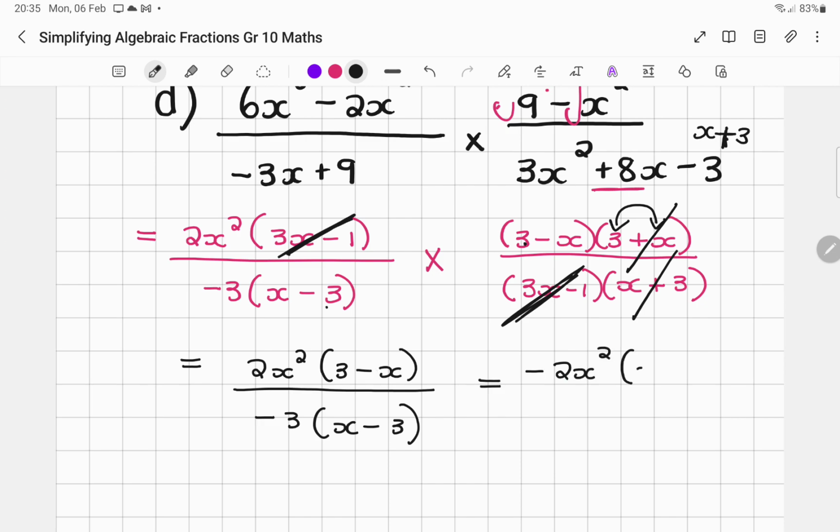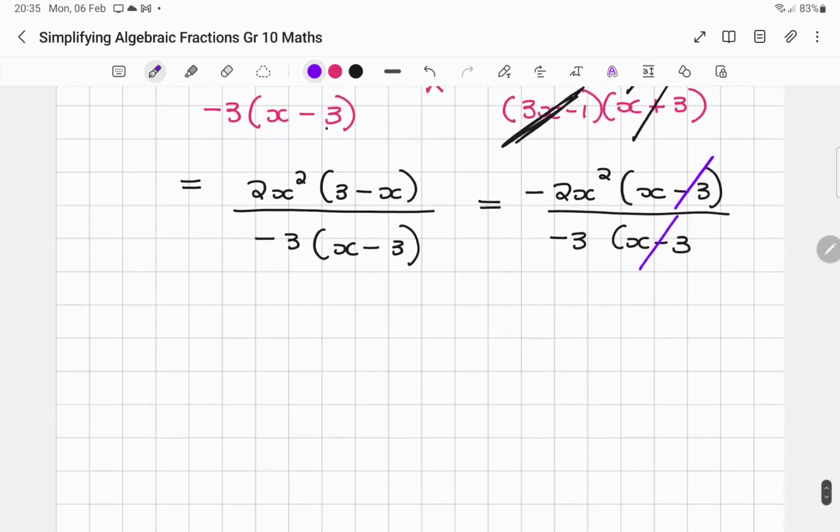Then the negative x becomes a positive x, and the positive 3 becomes a negative 3, all over negative 3, x minus 3. Voila. Now I can cancel them out. And what is left over here? Negative 2 and a negative makes a positive. So I've got a positive 2 and a 3 and an x squared. And there's my answer. Yippee.